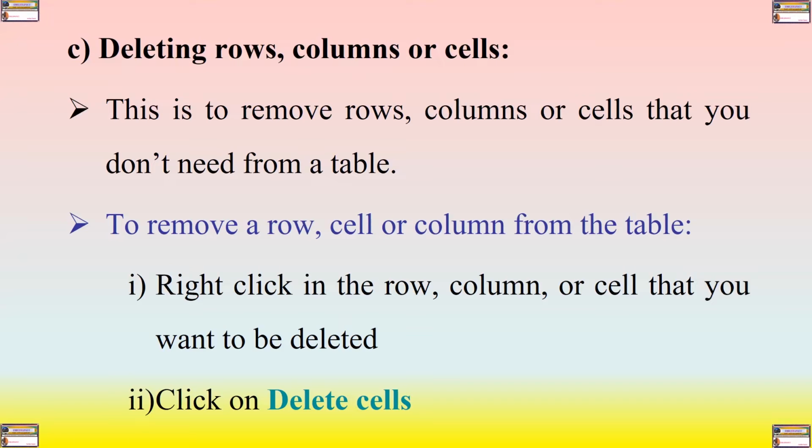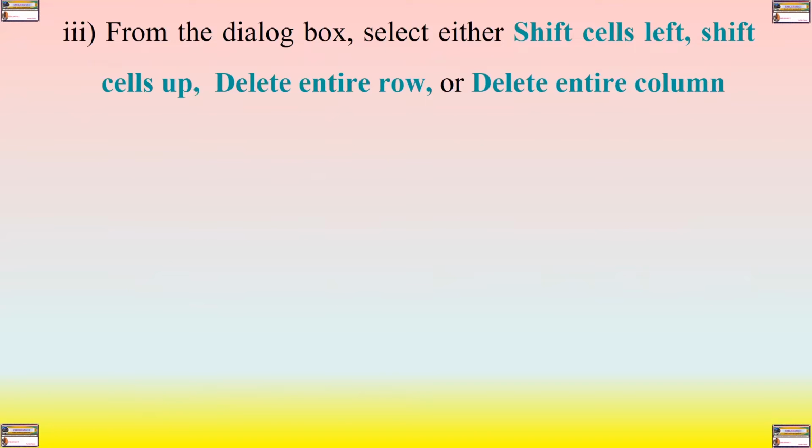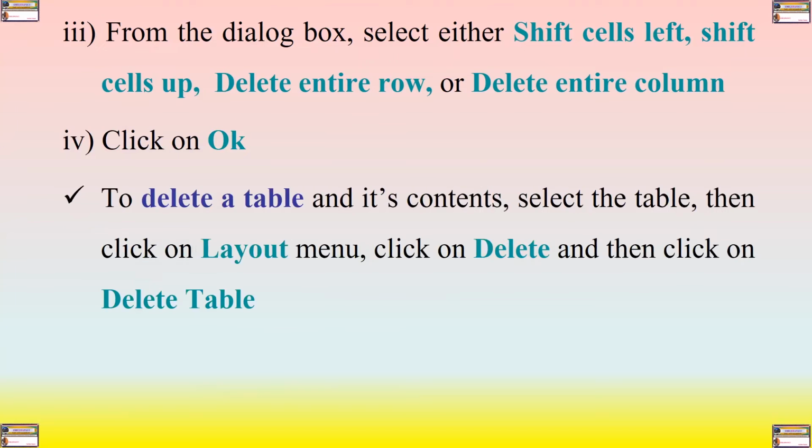Then click on Delete Cells. From the dialog box that will appear, select either Shift Cells Left, Shift Cells Up, Delete Entire Row, or Delete Entire Column. Then you click OK.